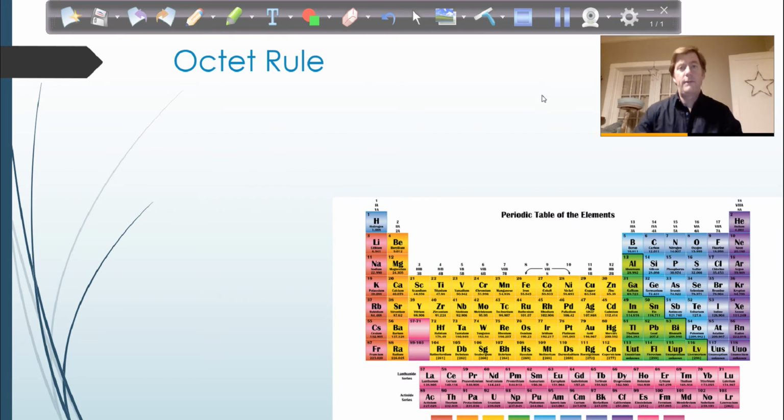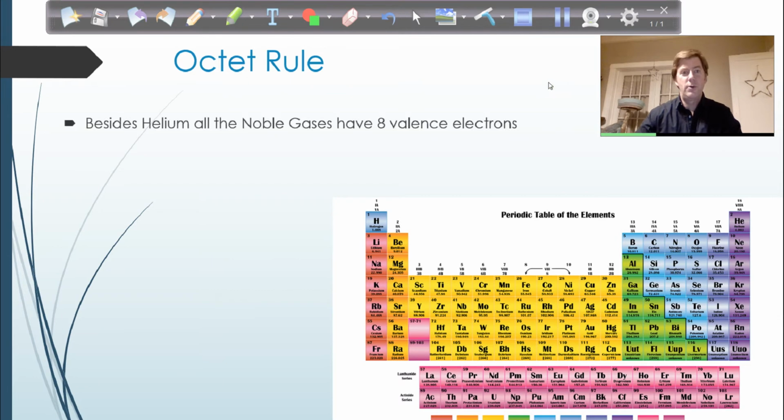A great way to figure out what's going to go on is using the octet rule. And the octet rule should make you think about 8, octagon, and all those things going along with that. So when we think about our noble gases, most of them have 8 valence electrons, except for helium, right? Helium's kind of weird. It's got that tiny little shell with only 2 in it.